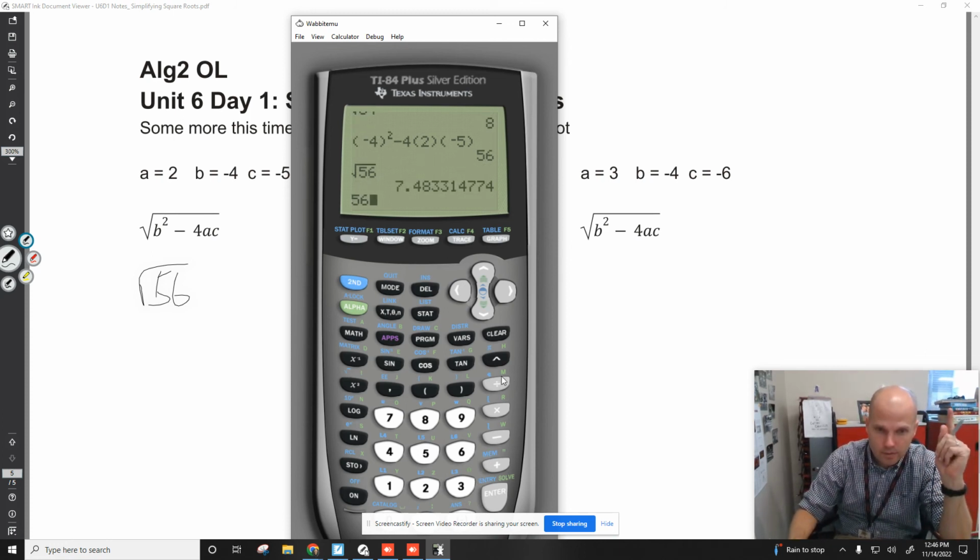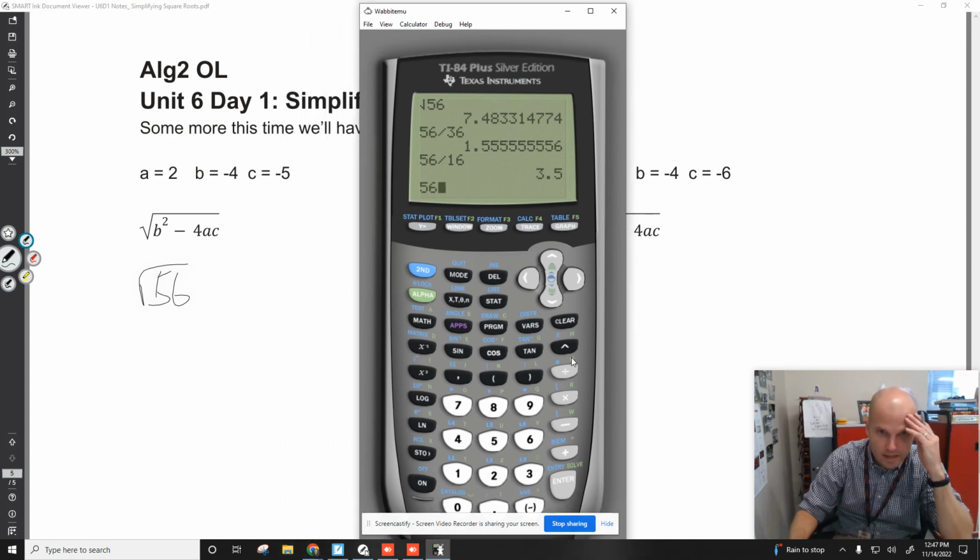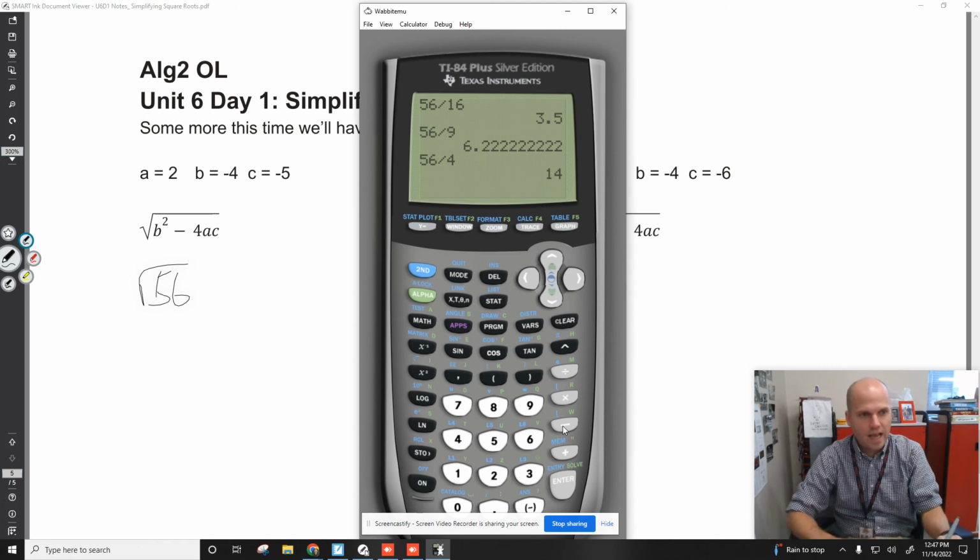Let's try. Divide it by 36. Nope. Divide it by 25. No, because it's 2550. Divide it by 16. Close. Divide it by 9. Close. Divide it by 4. Ooh, look at that. Root 4 root 14 is root 56.